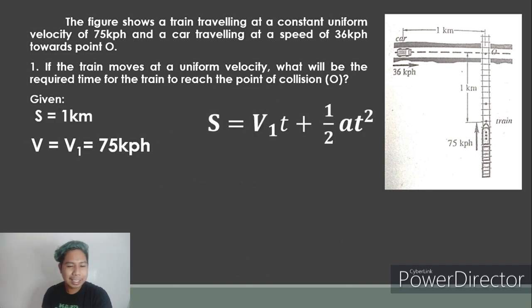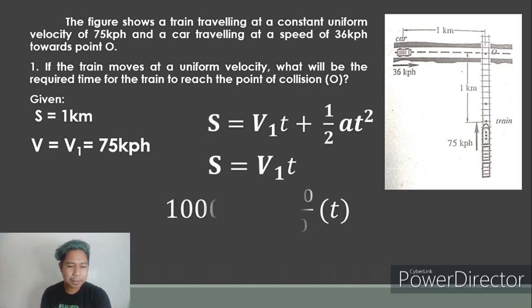So, doon sa number 3, S is equals to V1t plus 1 half AT squared. Since 0 nga yung acceleration ng train, therefore, marireduce yung formula natin into S is equals to V1t. Substituting all the values, S is equals to 1 kilometer or 1,000 meters.